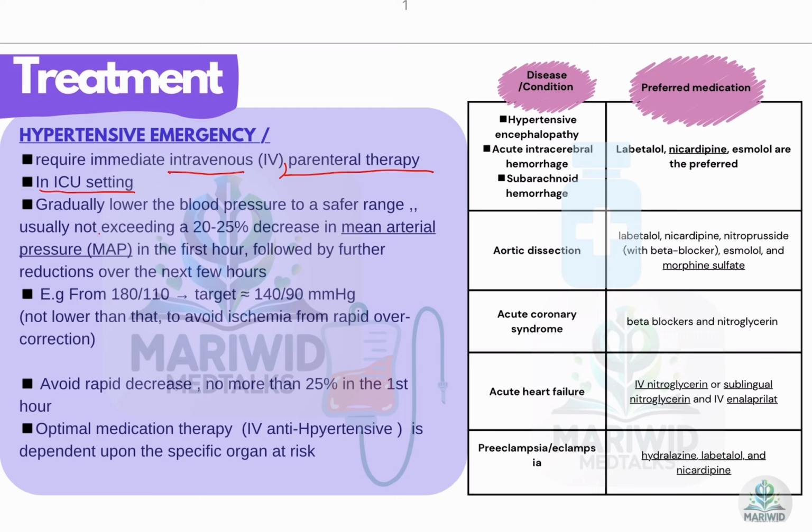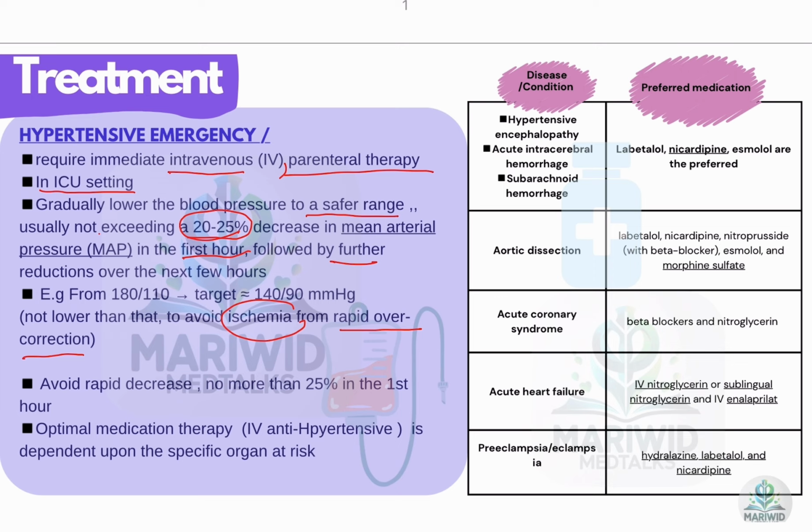The aim is to gradually lower the blood pressure to a safer range, not more than 20 or 25% of MAP, or mean arterial pressure, in the first hour, followed by further reduction over the next few hours. For example, if the initial blood pressure was 180 over 110 or 120, the target will be approximately 140 over 90. It's important to avoid rapid overcorrection because it can lead to ischemia.